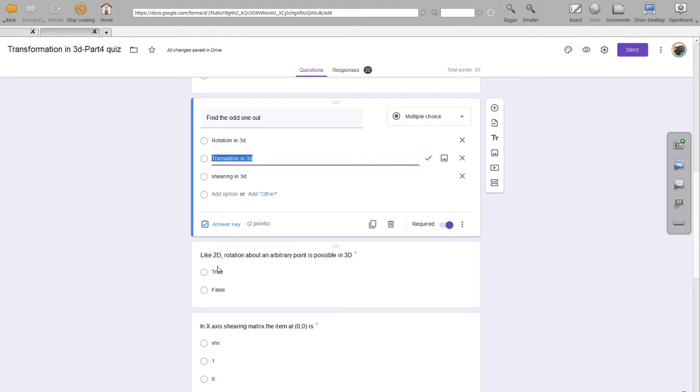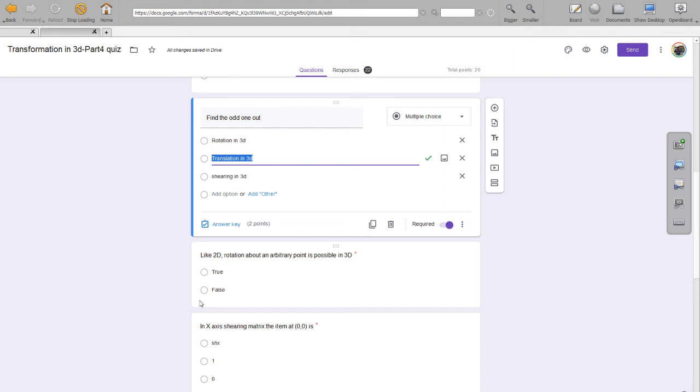Like 2D, rotation about an arbitrary point is possible in 3D. The answer is going to be false, because in 2 dimensions, rotation takes place with respect to some point, but in 3-dimensional space, rotation happens with respect to some lines.